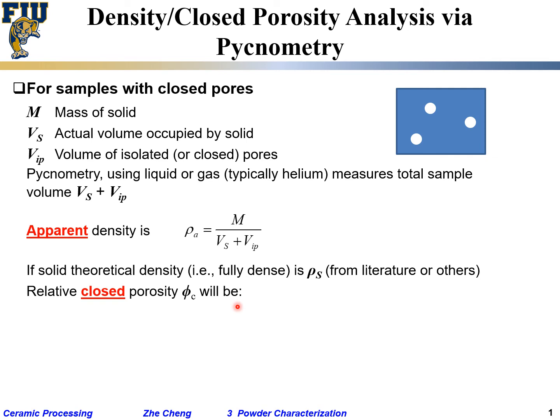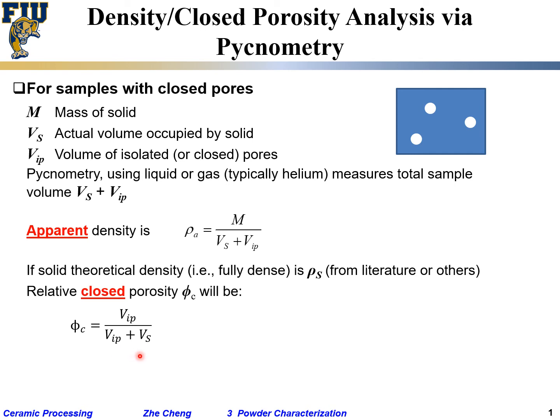I write it as VIP divided by Vs plus VIP. Make sense? Relative closed porosity would be the volume of the closed pore divided by the total apparent volume, which is closed pore isolated plus the real sample part, the dense part.